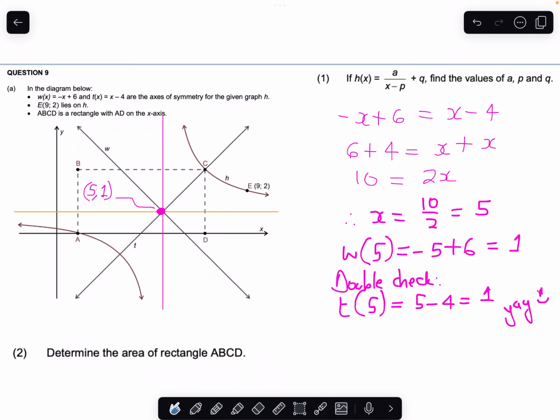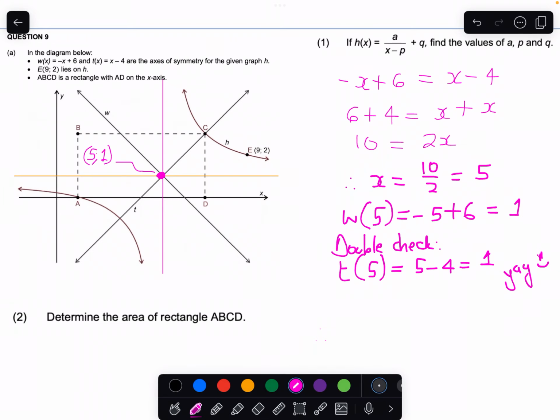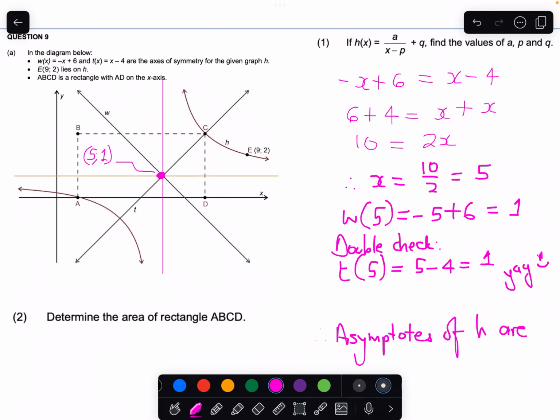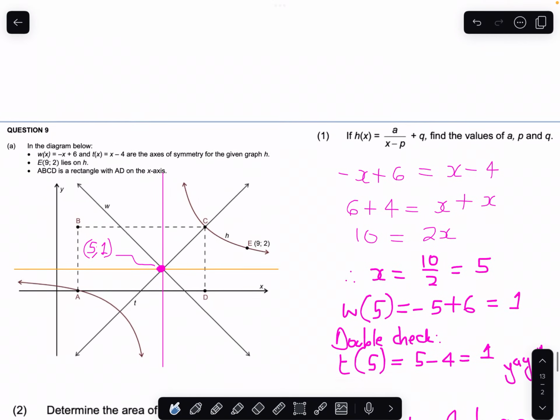So therefore the asymptotes of H are y = 1 and x = 5. And that also tells us p and q.